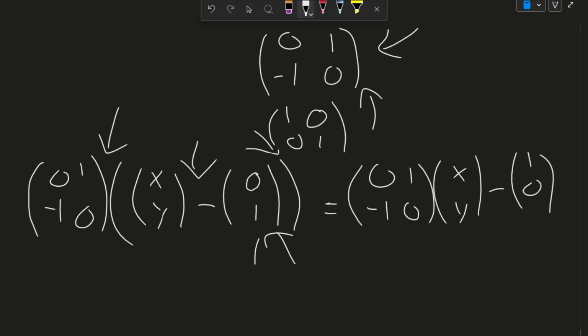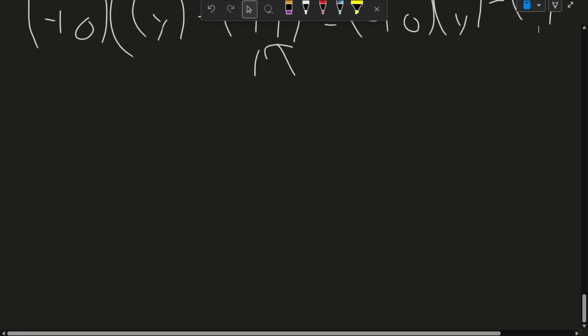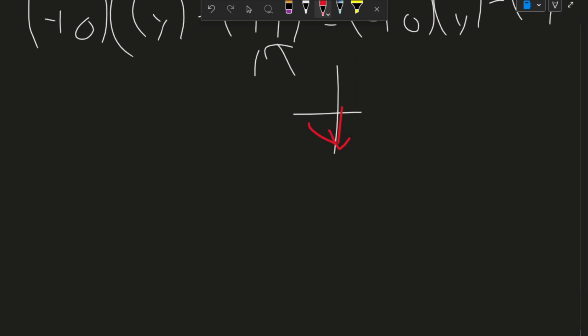Because we were going down, and if you rotate down by 90 degrees clockwise, you'll end up going left instead. So we have this down vector. If you rotate it 90 degrees clockwise, now we're going left. All we did is apply our rotation to our destination.